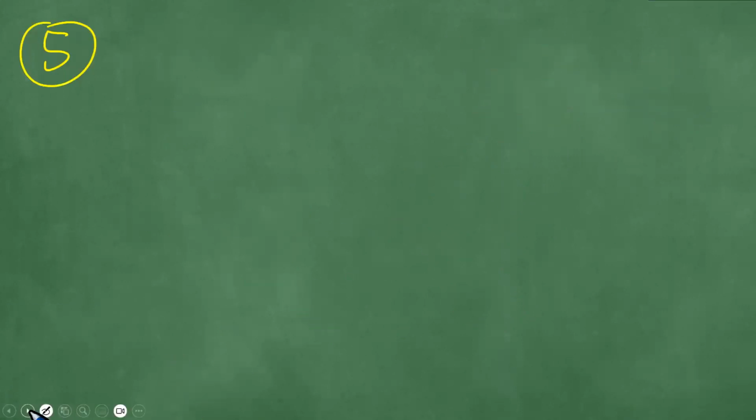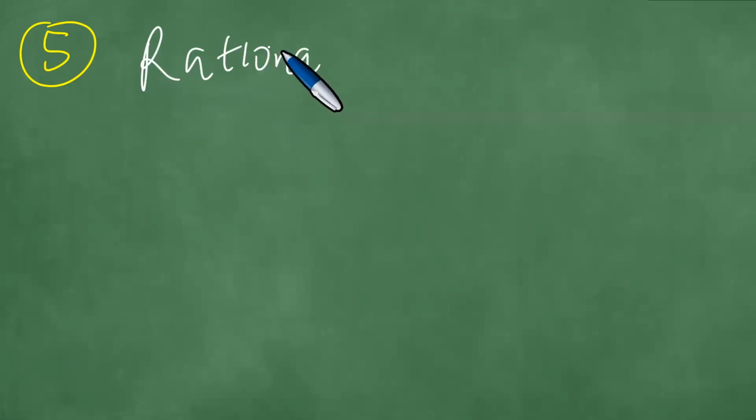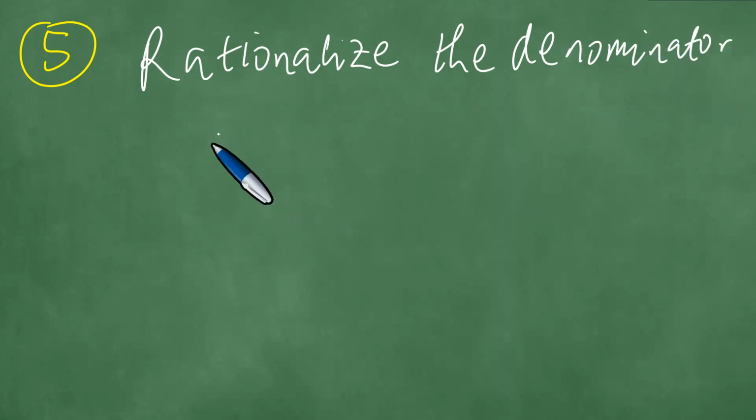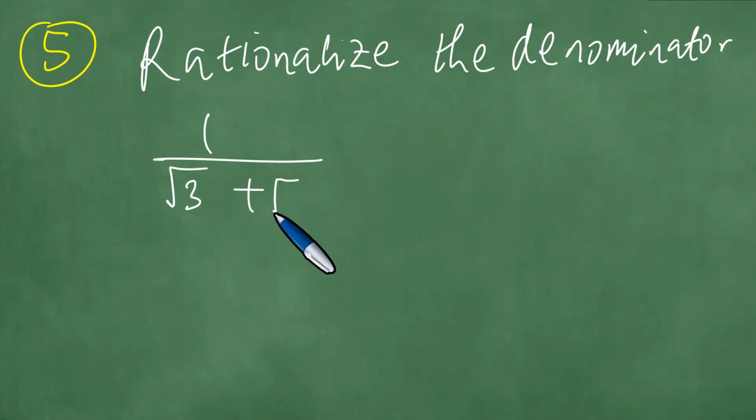Okay, let's look at the next one, number 5. Here we say rationalize. I'm just pushing because my lights might go off now. Rationalize the denominator. If you have 1 divided by the square root of 3 plus the square root of 2, what's the answer?